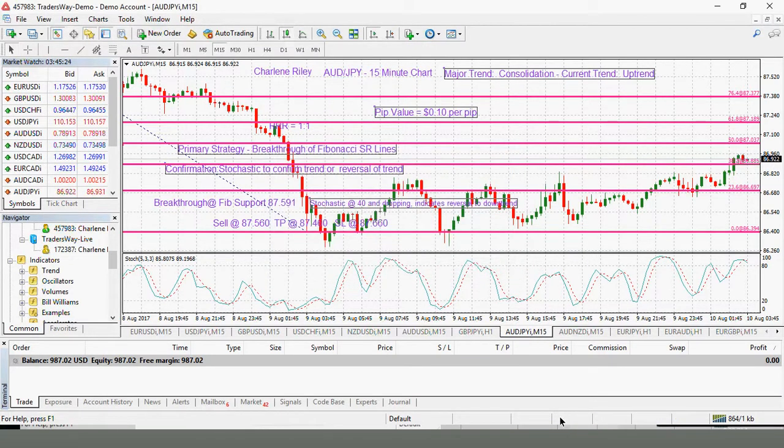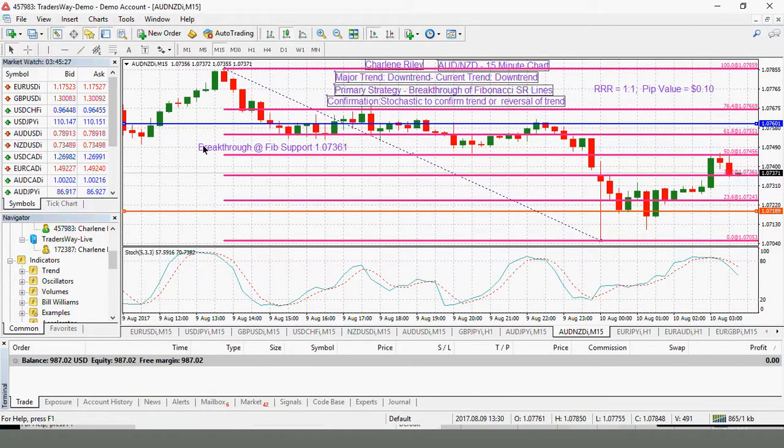again, I like to keep things consistent from chart to chart.